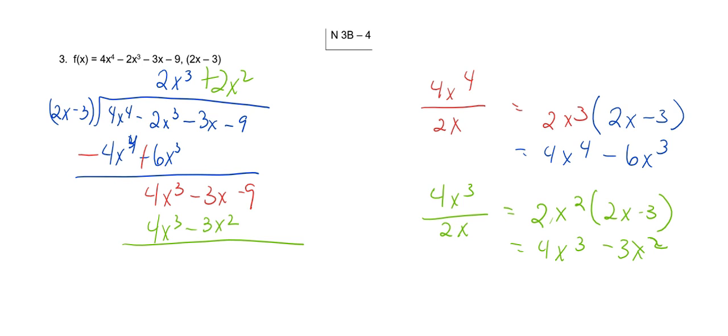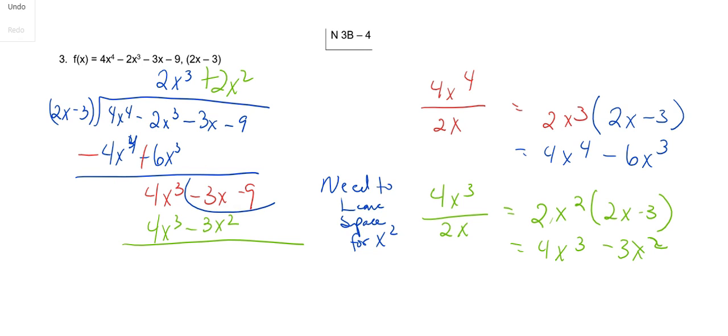Okay, we're going to change our signs. Alright, I didn't leave any space for my 3x squared. Because our powers went from 4, 3, 1. So I'm just going to move this over because we cannot combine a 3x with a 3x squared.